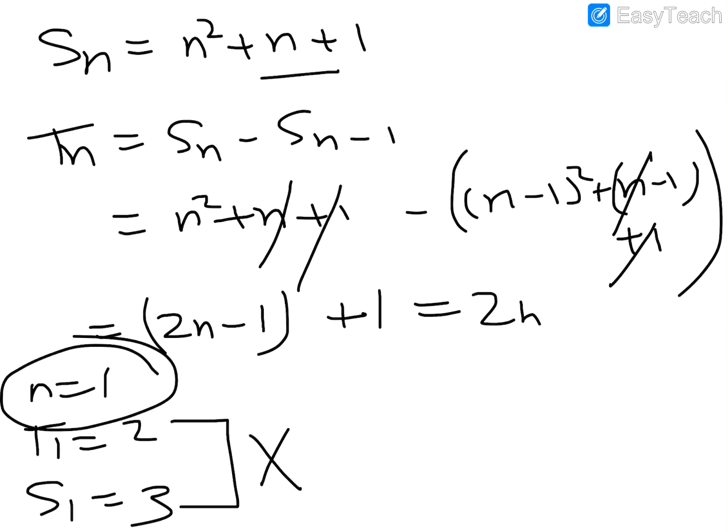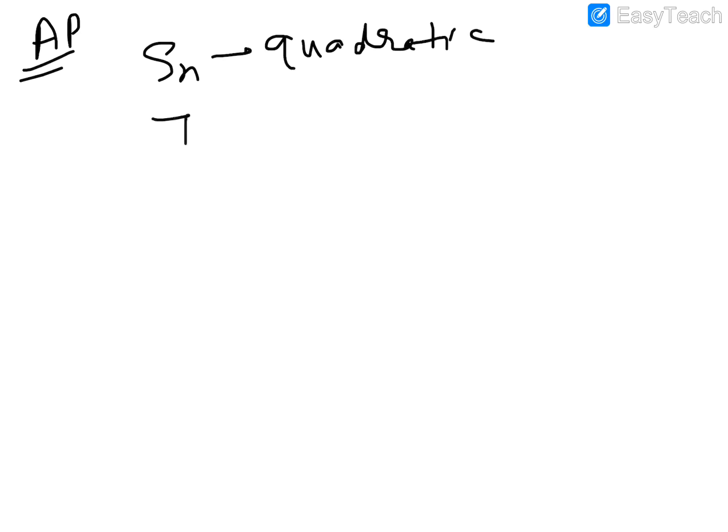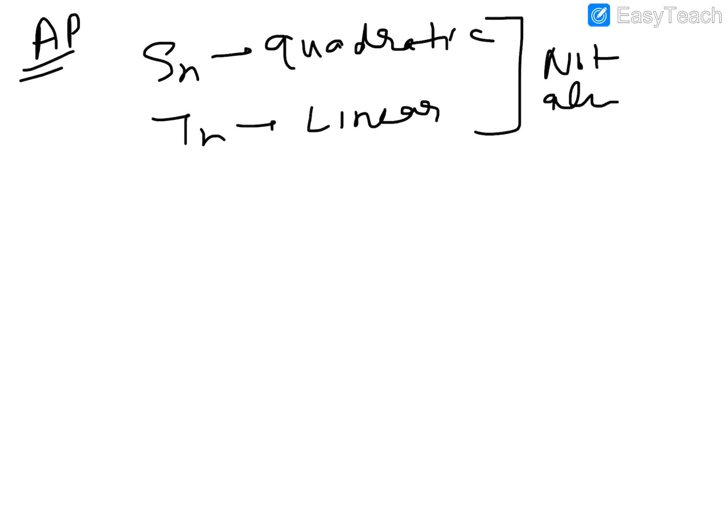Now one interesting thing for an AP, Sn is generally quadratic and this Tn is linear, but it is not true always. Not always. Like we saw in the previous example, here this is quadratic and this is linear only. Got it?